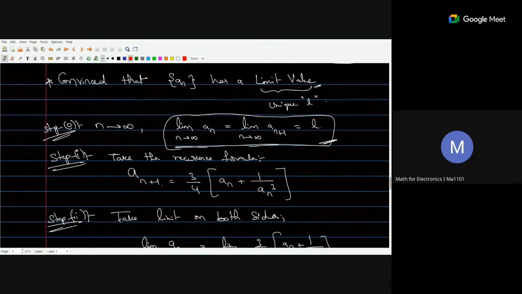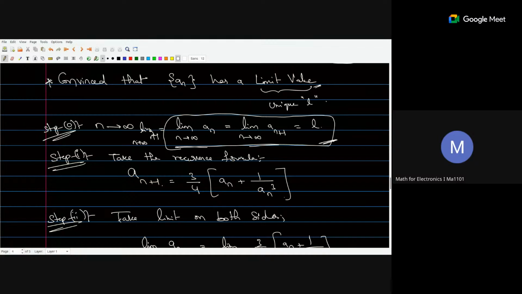So limit n tends to infinity a n is equal to small l. Limit n tends to infinity a n plus 1 is also equal to small l. Or in some cases, this is actually equal to this also, limit n tends to infinity a n minus 1. So that is what I am explaining.